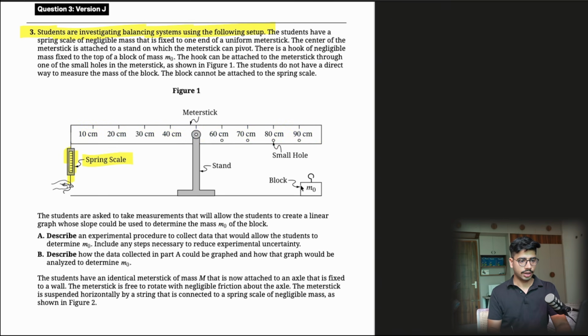And you have a block of unknown mass M naught, which you have to put here at different positions, and you can note how much the spring scale is measuring. In the question, we find out this unknown mass only. You can't measure it from the spring scale directly; you have to make a graph for that.